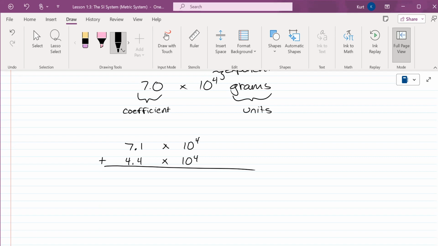Yes or no? So do you need to do any adjustments? No, you do not. All you have to do is add. So 4 plus 1 is 5. 7 plus 4 is 11. You got 11.5 times 10 to the 4th.